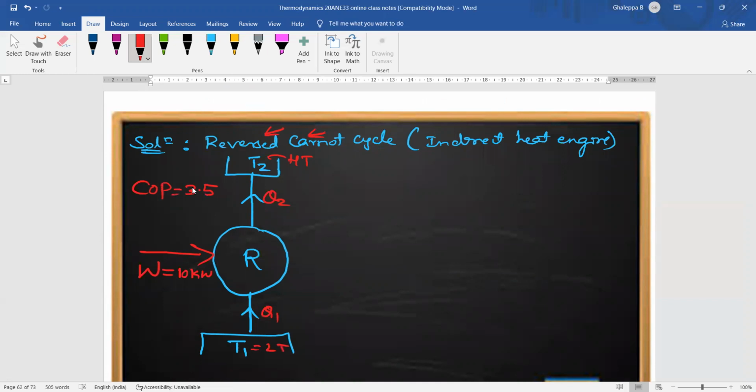So what he has asked, determine, we will write here, determine the first unknown, refrigerating effect. As I told you a bit of time ago, refrigerating effect is the amount of heat absorbed from the low temperature space, low temperature reservoir. So Q1 we will call as refrigerating effect. In short, Q1 is also called refrigerating effect.